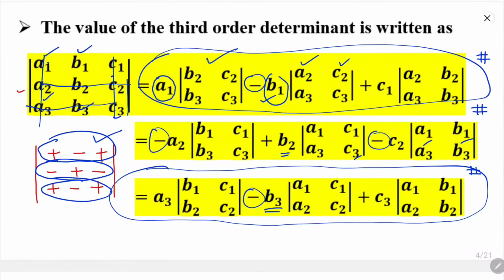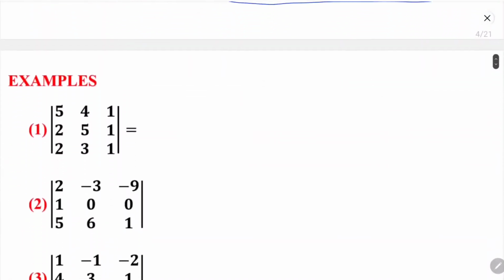If you are expanding using the third row, you have to consider plus minus plus. So if you are expanding using the second row, then you have to consider minus here and minus here. Be careful. So you can find the value of a determinant using any row or any column.